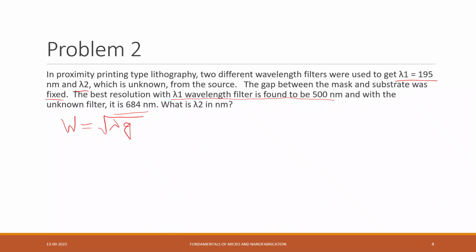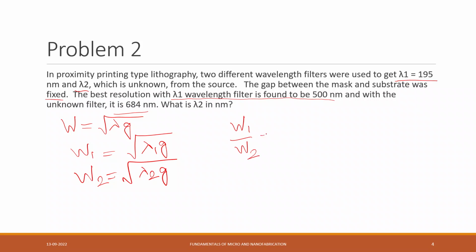So we can write w1 equal to root over lambda 1 into g, and w2 equal to root over lambda 2 into g. Because the gap is same, dividing both equations, w1 by w2 is root over lambda 1 by lambda 2. The g is cancelled because it is the same.